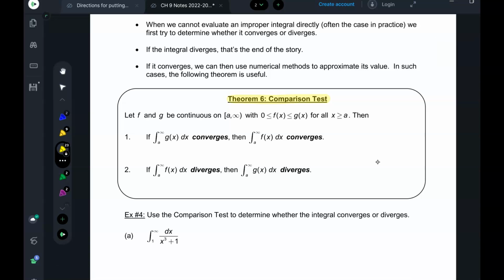Okay, so we have to have continuous functions. This is going to be for when g of x is greater than or equal to f of x, and it's greater than 0, so everything's above the x-axis. So if we can show that g of x converges, so if the bigger one converges, then we can say the smaller one converges.